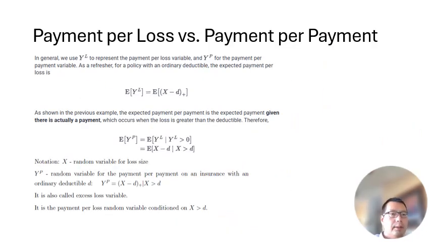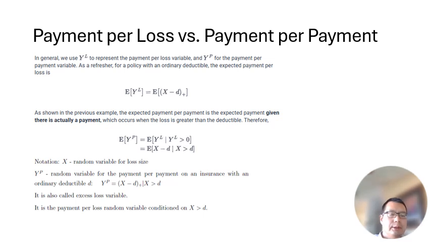Now let's talk about payment per loss versus payment per payment. In general, we use Y^L to represent the payment per loss variable and Y^P for the payment per payment variable. As a refresher, for a policy with an ordinary deductible, the expected payment per loss is the expected value of Y^L, equal to E[(X − d)+].